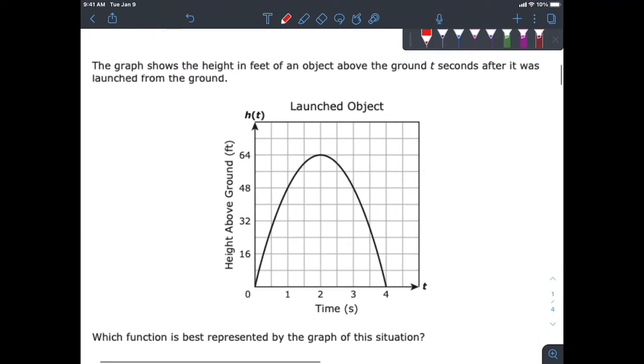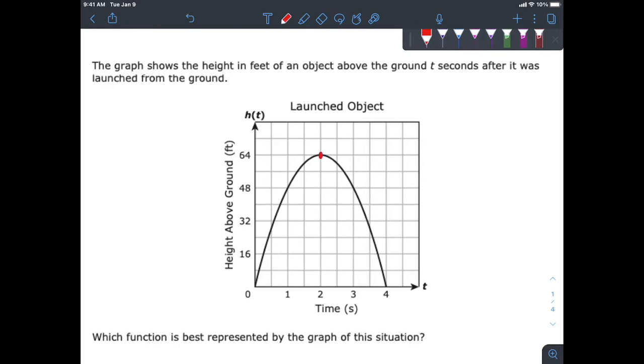Number 2. The graph shows the height in feet of an object above the ground t seconds after it was launched from the ground. What is the function best represented by the graph in this situation? So here they're asking me to go ahead and run a regression.